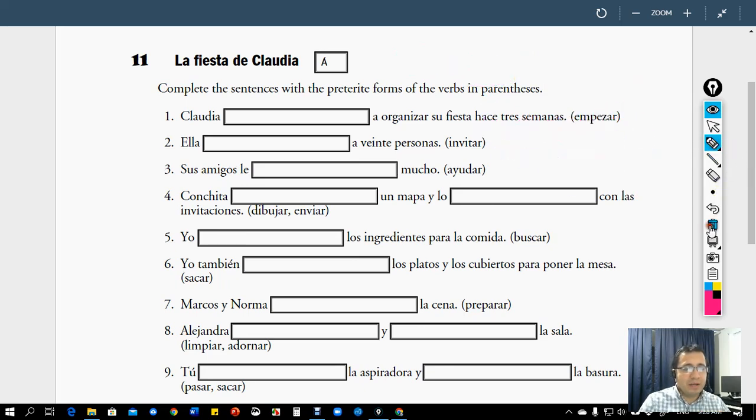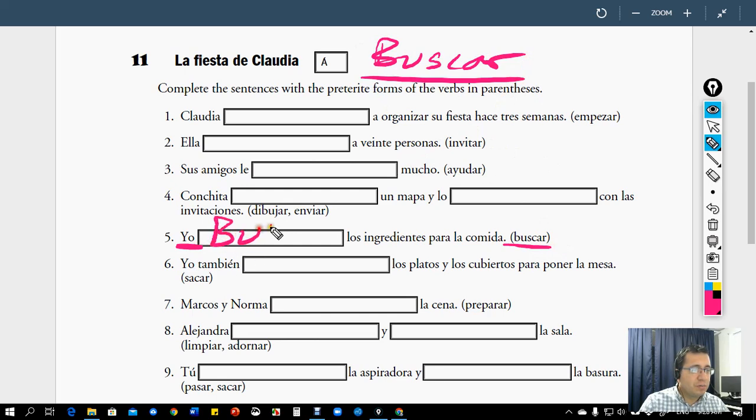All right, so let's find out another one in first person. Here, yo buscar, same deal. How would you say it in past tense? Yo busqué. You see? And don't forget the tilde here.